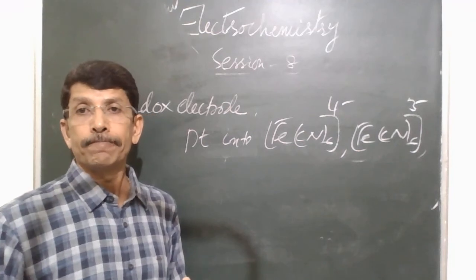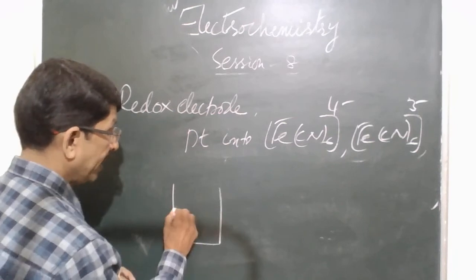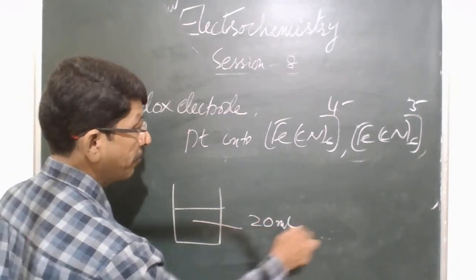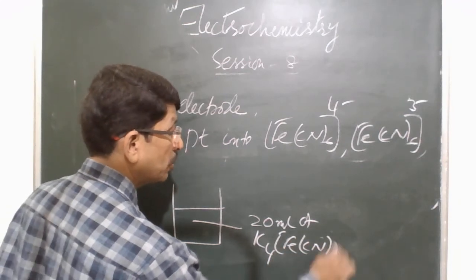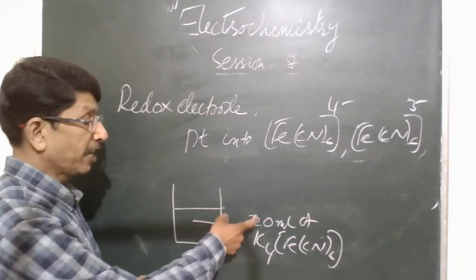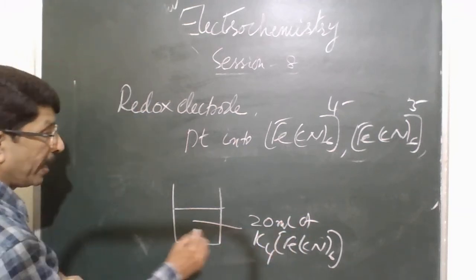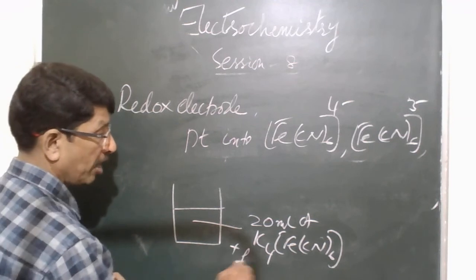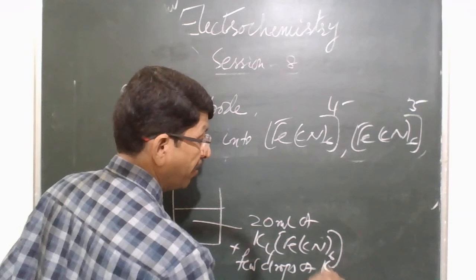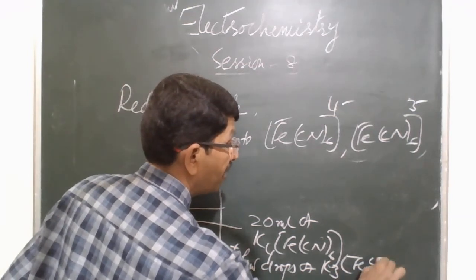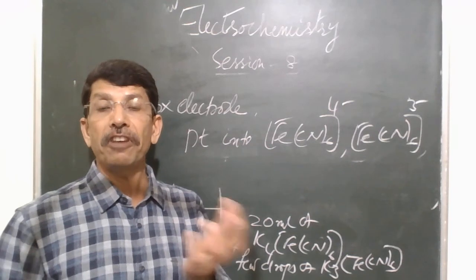And in order to have ferricyanide ion concentration, what we do is we take in the beaker about say 20 ml of potassium ferrocyanide, whose concentration is to be determined. To that we add a few drops of ferricyanide, K3FeCN6, potassium ferricyanide.